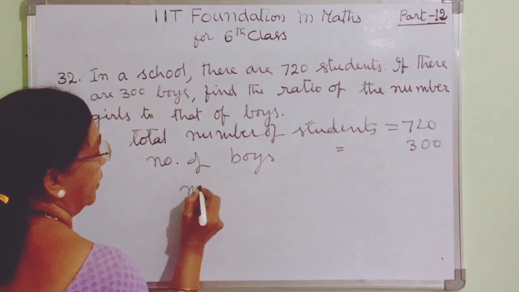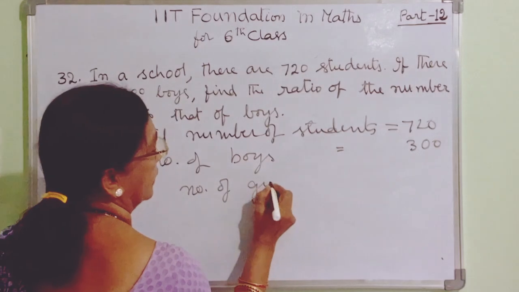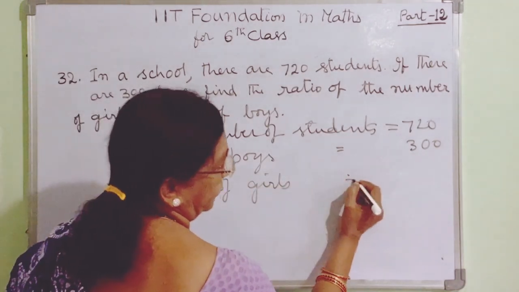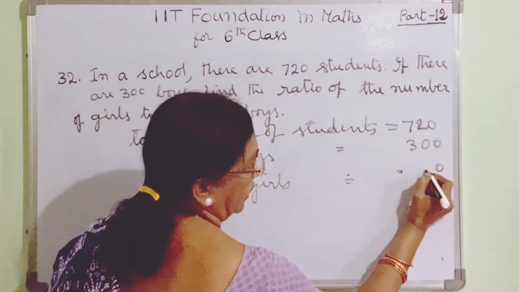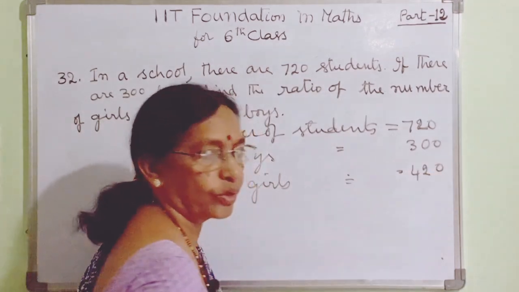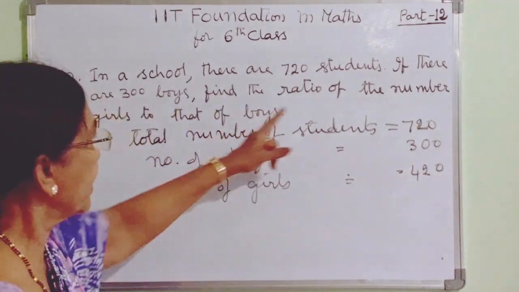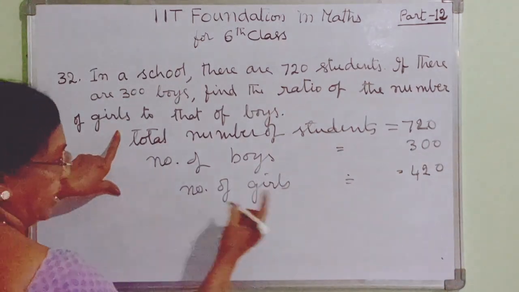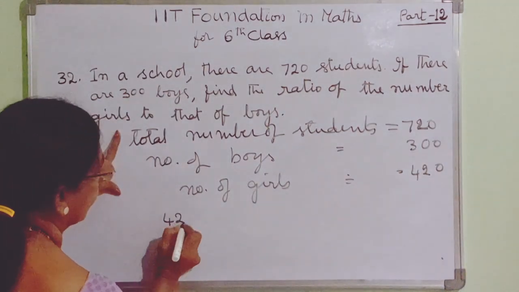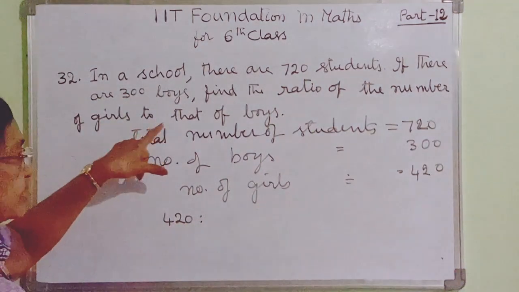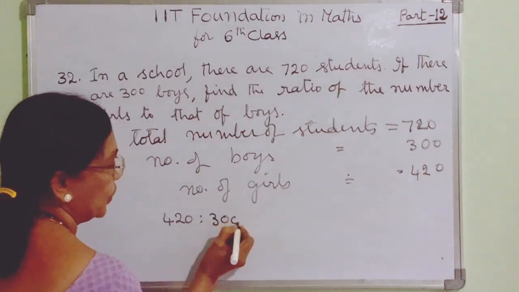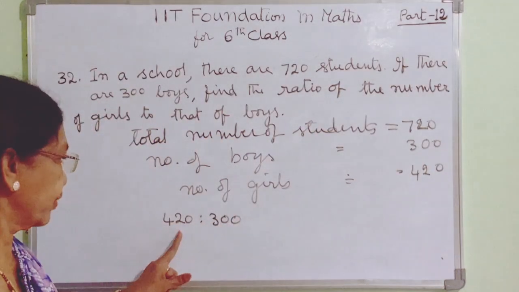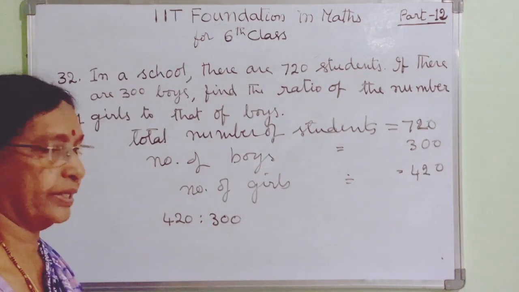Then the number of girls is equal to 720 minus 300, which is equal to 420. So the ratio of the number of girls, 420, to the number of boys, 300. So the required ratio is 420 : 300.